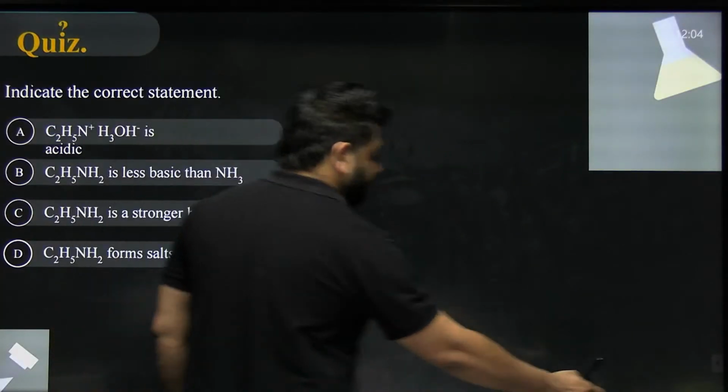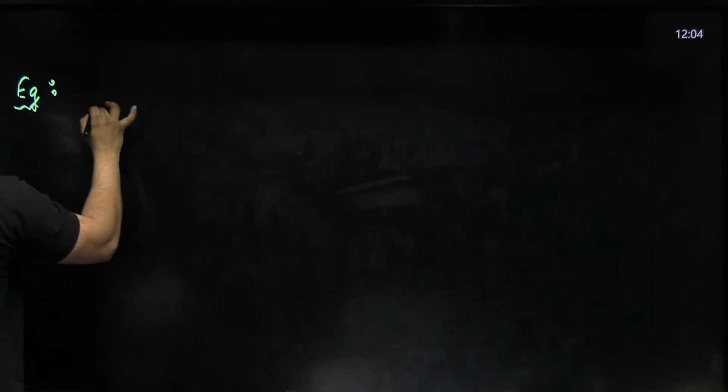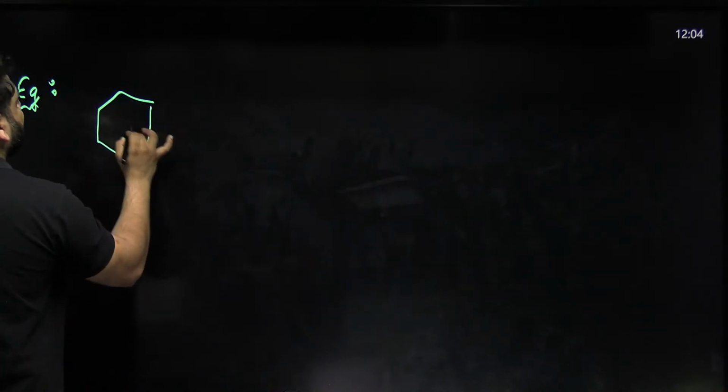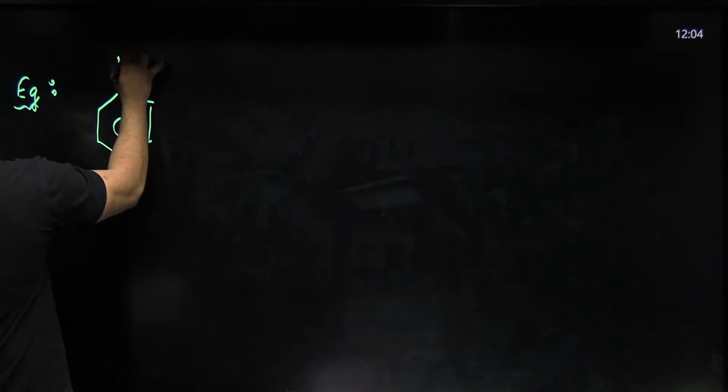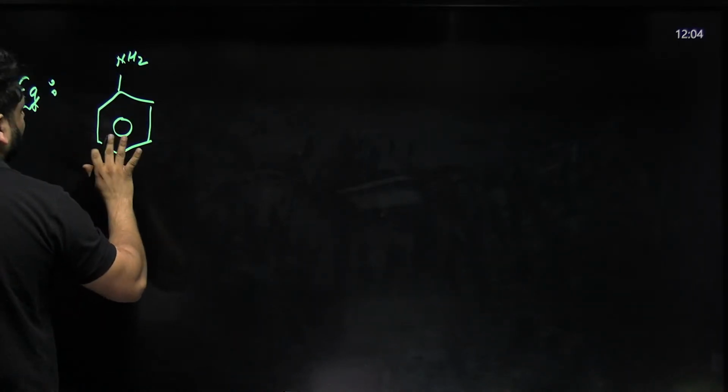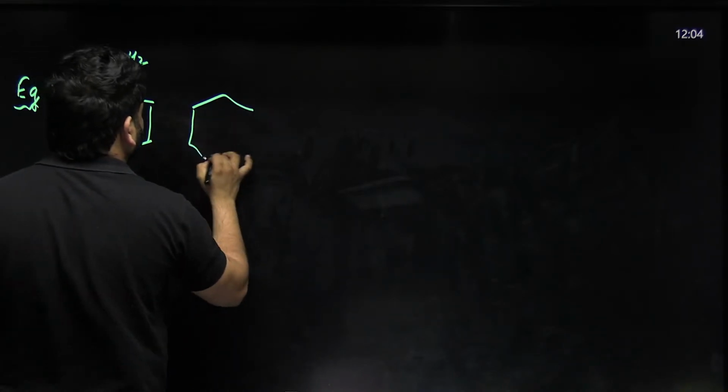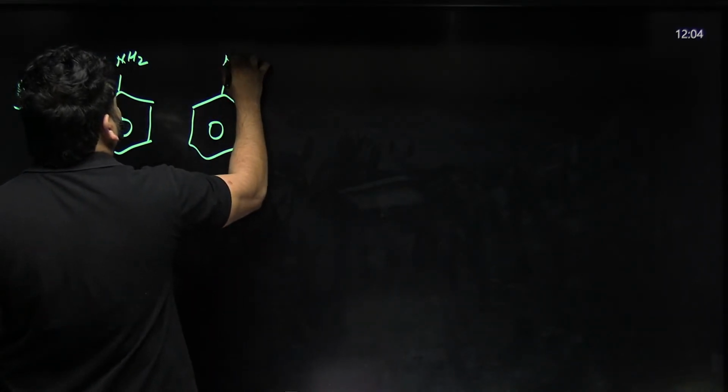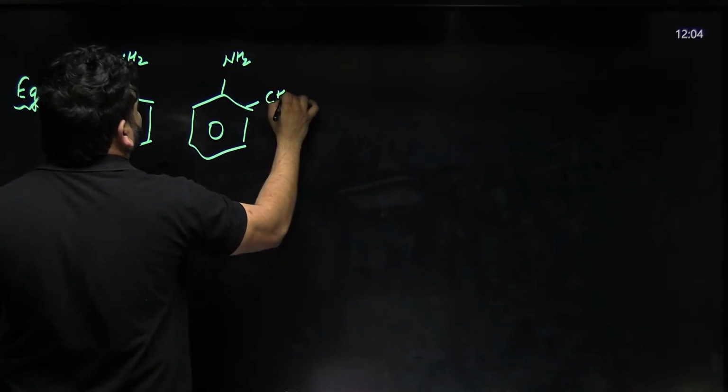And so let me just give one example over here, depending upon the nature of the group we are attaching with the aniline. So let us say this is your example of aniline. We are connecting aniline with nothing, then over here aniline with an ortho CH3 group.